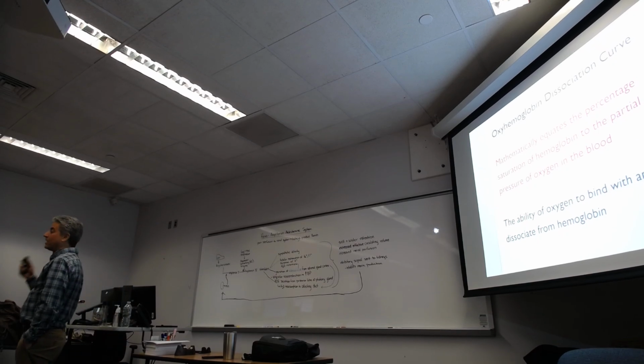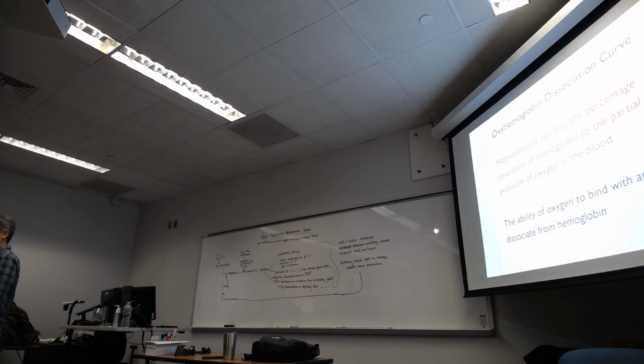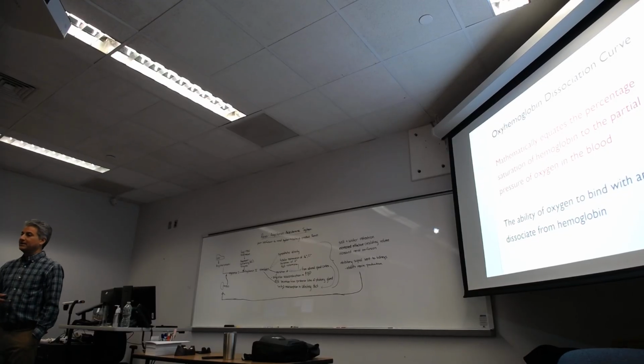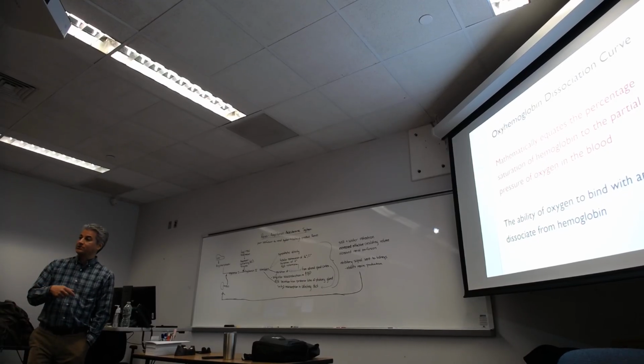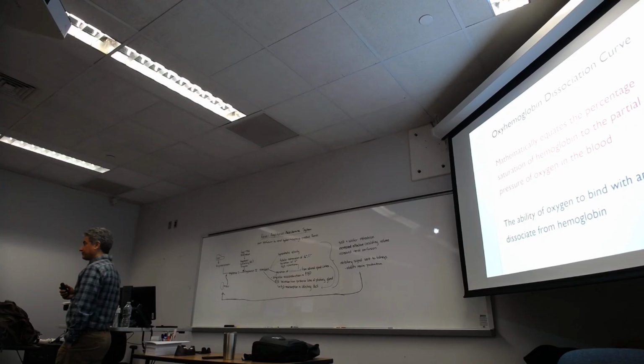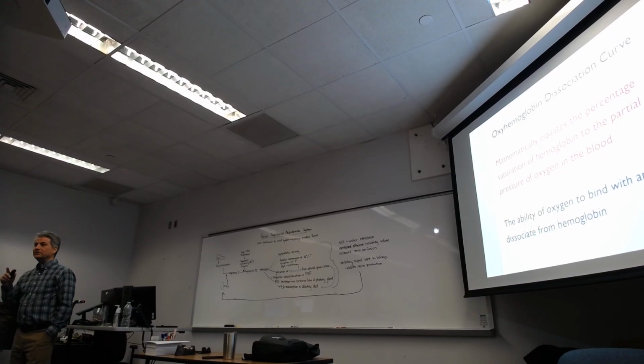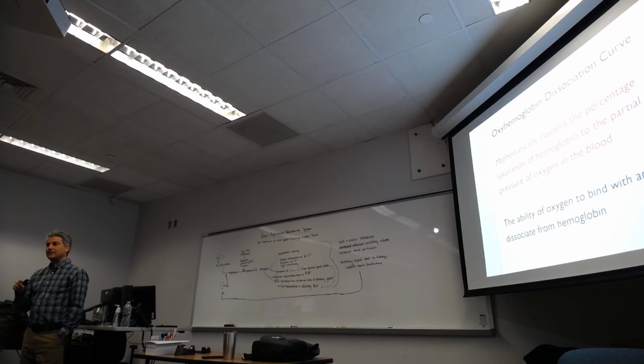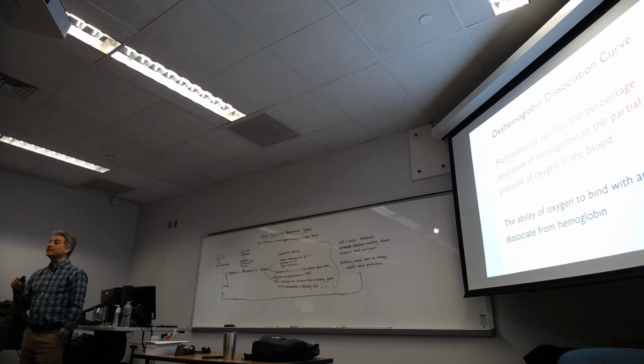So if you have more oxygen in the blood, you should theoretically, mathematically, if everything goes well, have a higher saturation of hemoglobin, yes? If you don't have the oxygen in the blood, you would have a lower saturation of hemoglobin, okay? Yeah? Great.